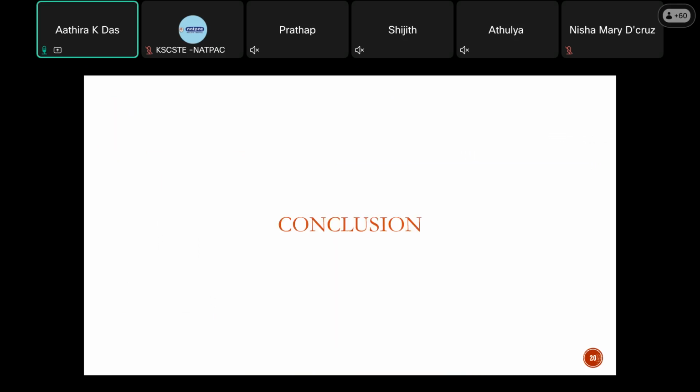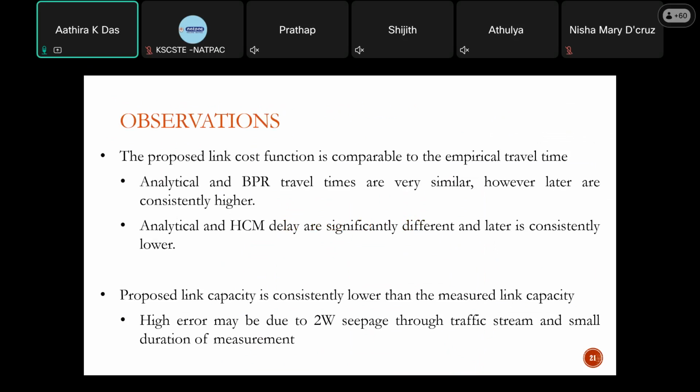So coming to the conclusion, we can observe that the proposed link cost function is comparable to the empirical travel time, that is the field observed values. The analytical and BPR travel times are very similar.